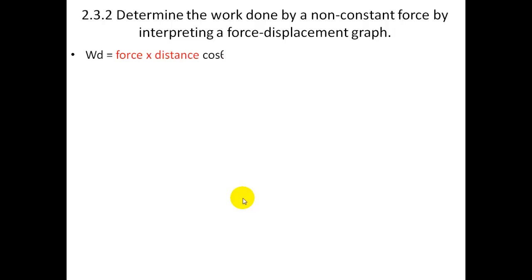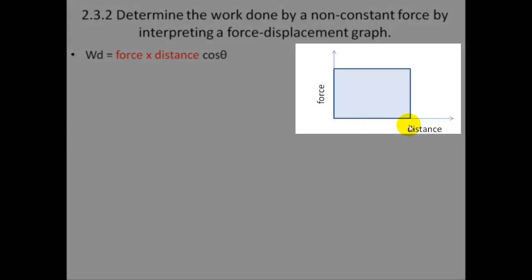Determine the work done by a non-constant force by interpreting a force displacement graph. Okay, we know this. The work done is force times distance times by cosine theta, if that's necessary. If we have the force times by the distance, the force is constant during that distance.